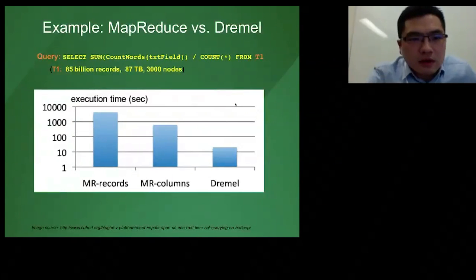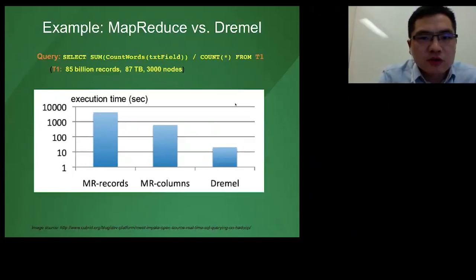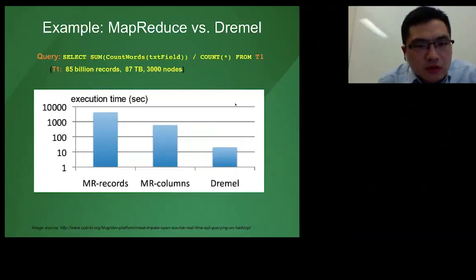So this is a good example to compare the older MapReduce technology and Dremel. To analyze 87 terabytes of data with 85 billion records across 3,000 nodes, we just do a simple count.